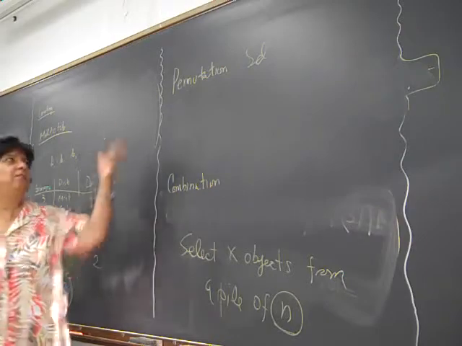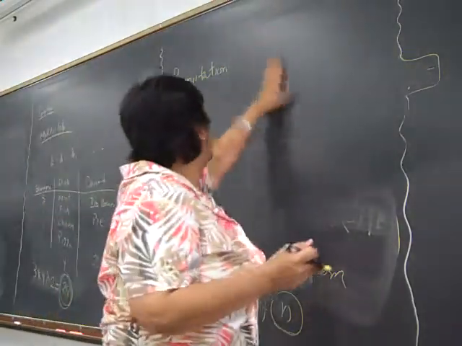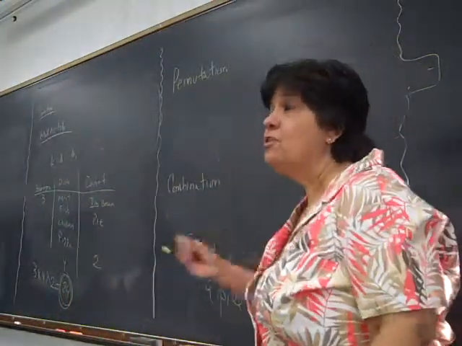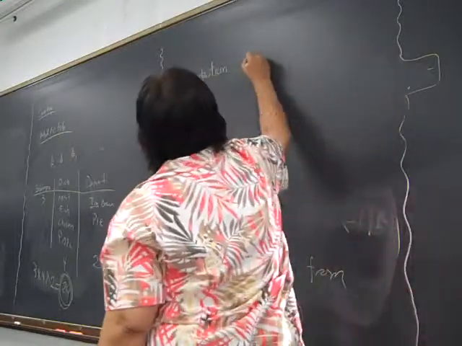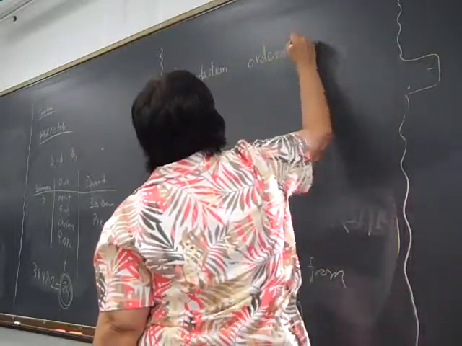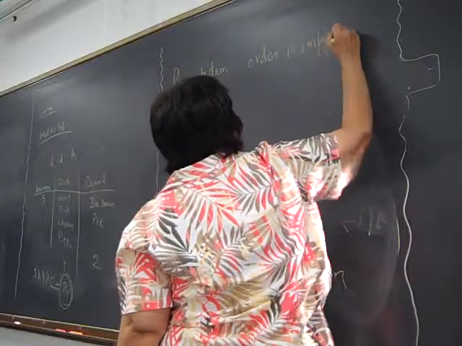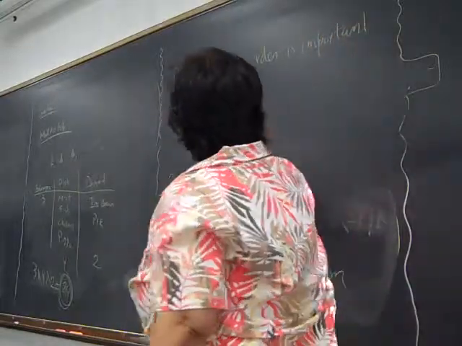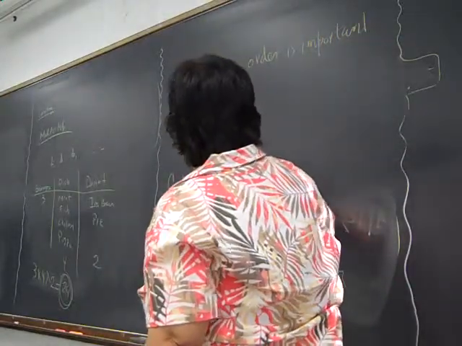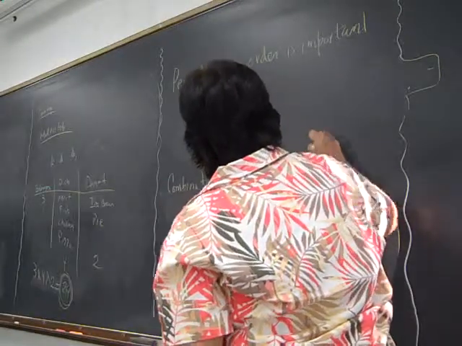Now, what is the difference between permutation and combination? In permutation, the order is important. In combination, the order is not important.